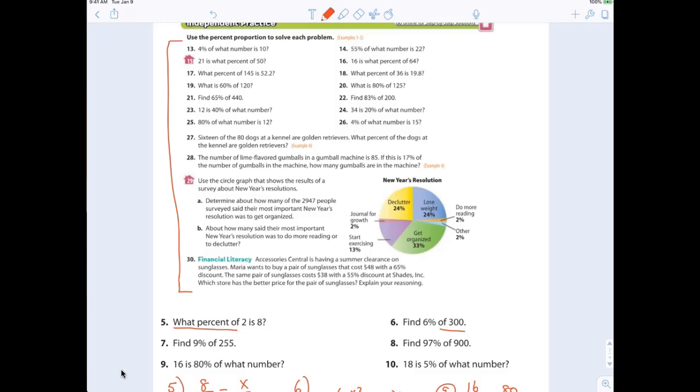No excuses. I want all the work done. I'd like to see check marks on every single problem. That way I know you check your work. It would be really nice if you checked it with your color pencils.